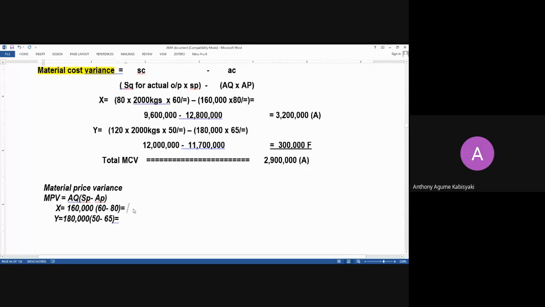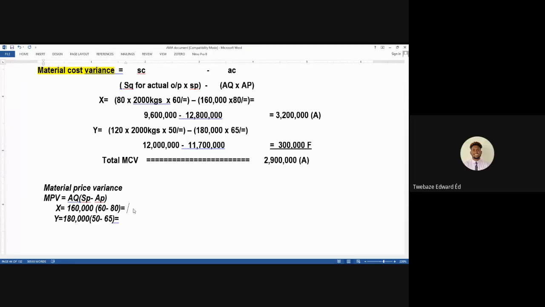So what is the variance for X? Class participation, please. Very key.